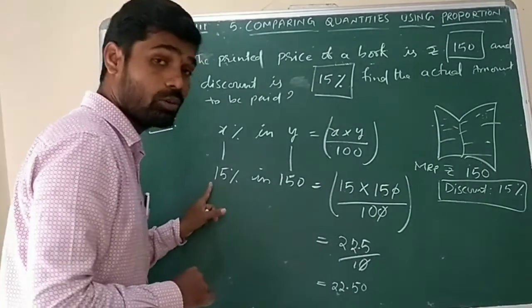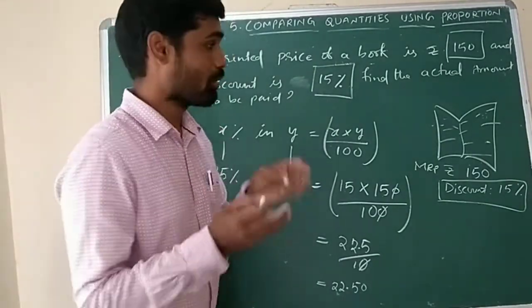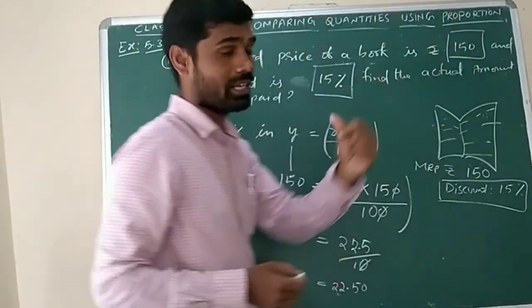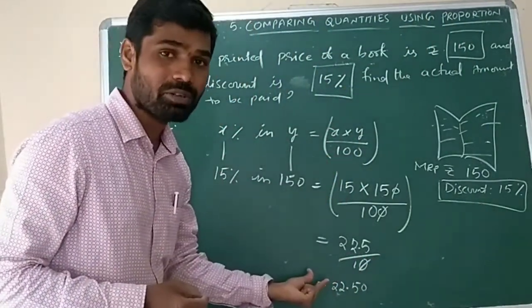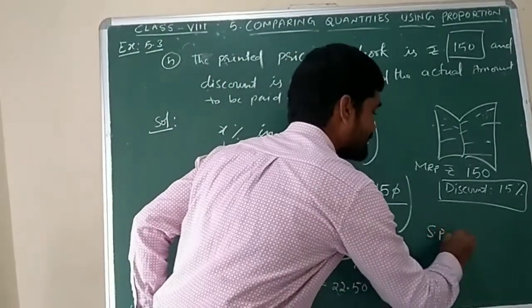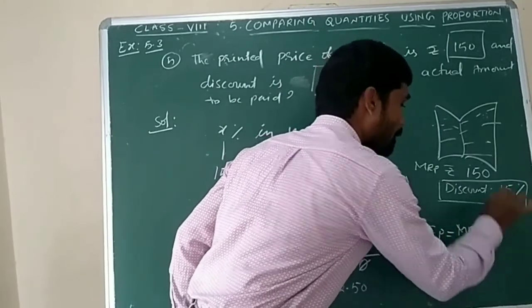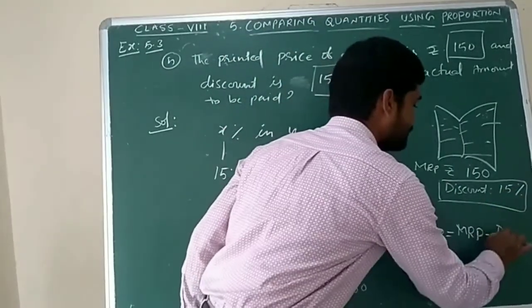So that is the 15% value. But what is the actual amount to be paid? Actually the cost here is 150, so from 150, how much do we have to reduce? 22.50. Therefore, selling price is equal to MRP minus discount.